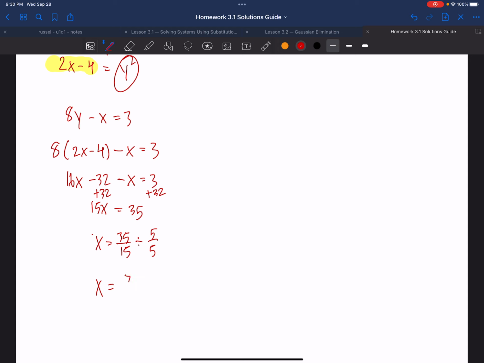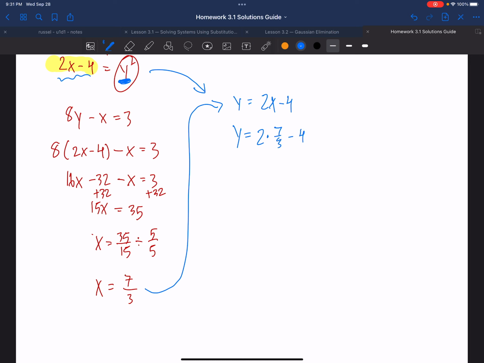35 divided by 5 is 7. And 15 divided by 5 is 3. So you get x equals 7/3. Yay, hooray. Now, what does y equal? Well, y equals 2x minus 4, which comes from here. So y equals 2 times 7/3 minus 4.